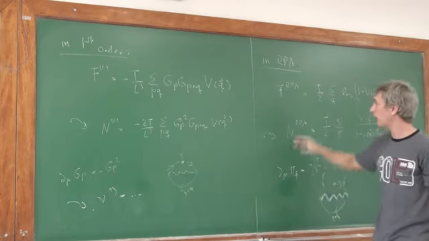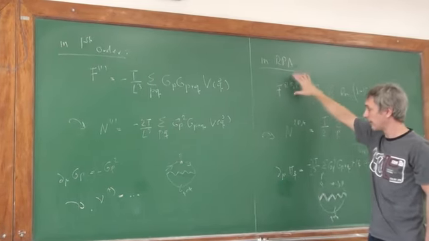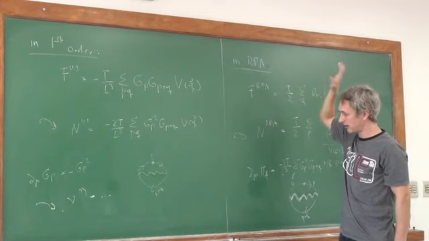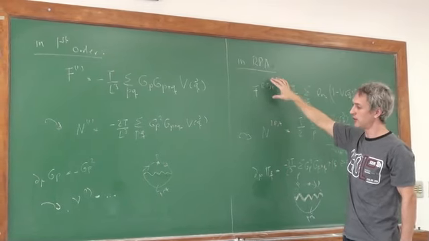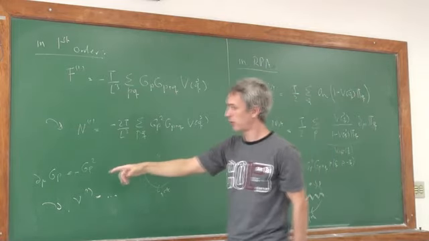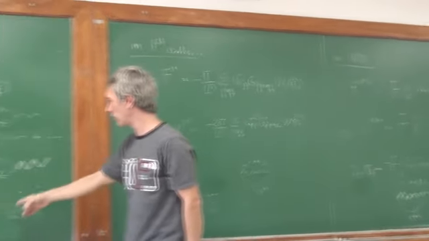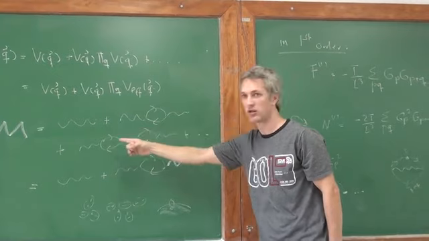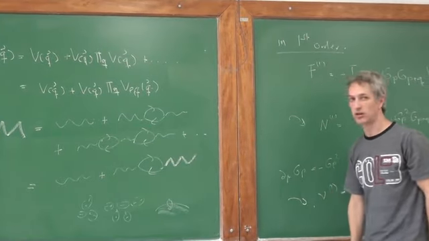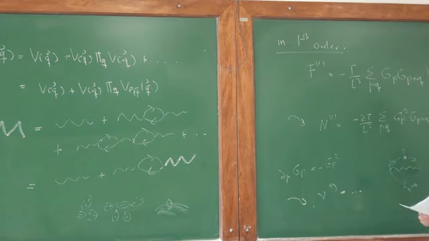Okay? So in the RPA approximation, which holds in the high density limit, the main effect that we have to consider is exactly the polarization of the medium, which means that the interaction between the electrons is not the bare interaction, but a screened one.